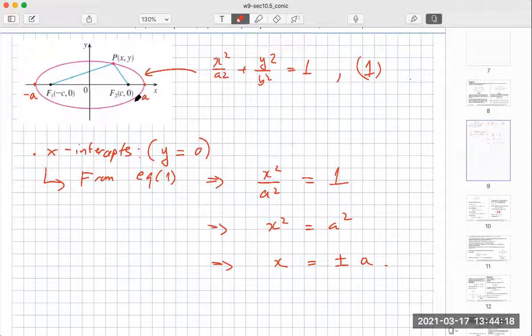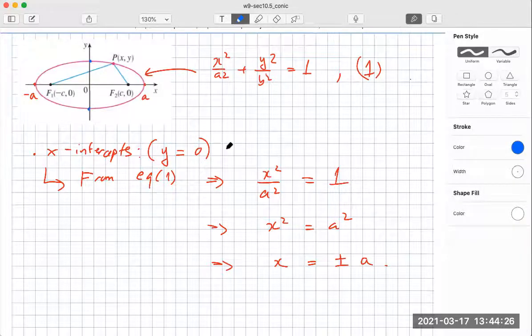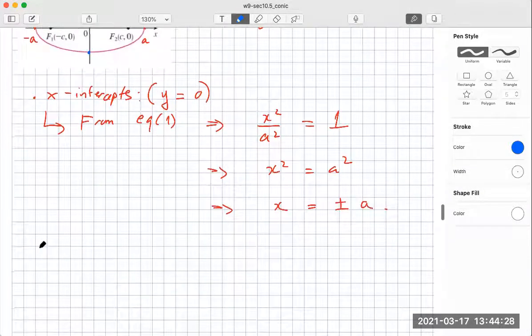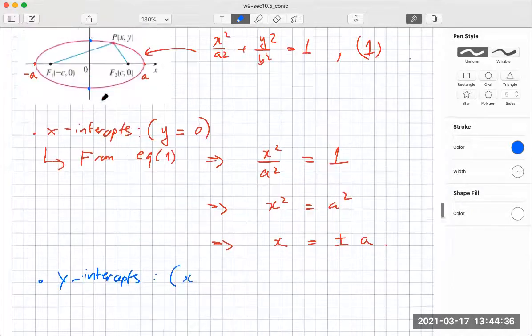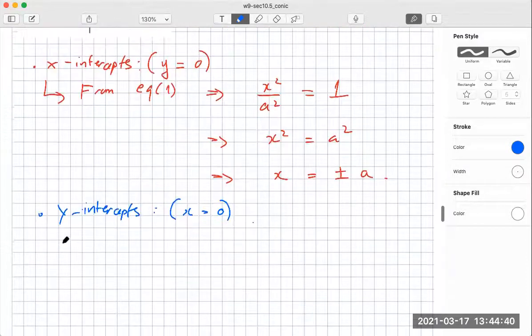Let us find the y-intercepts. It means where it cuts the y-axis, right? Let us find these numbers. The y-intercepts mean that x will be, yes, x is 0.